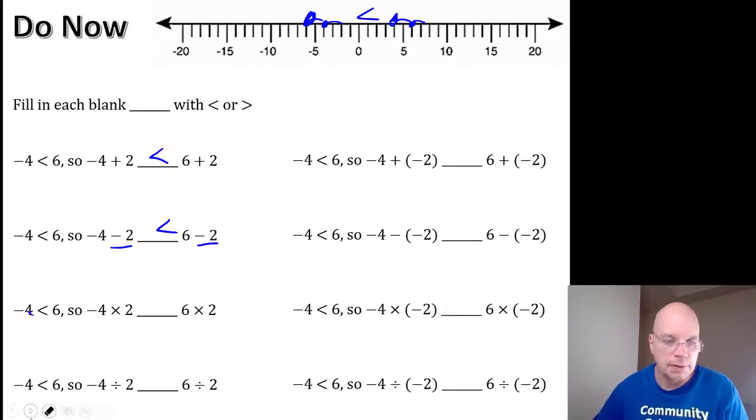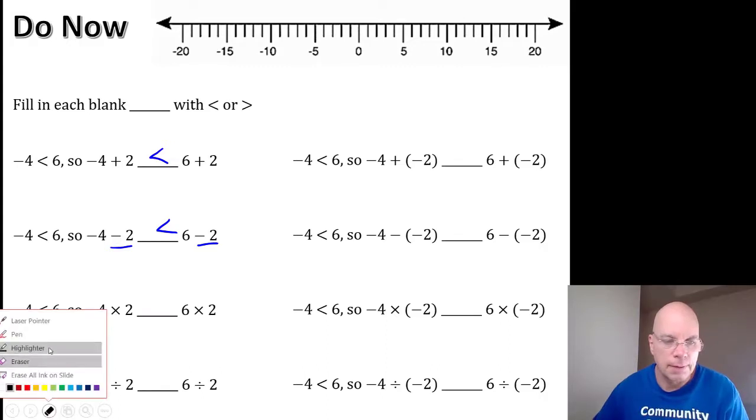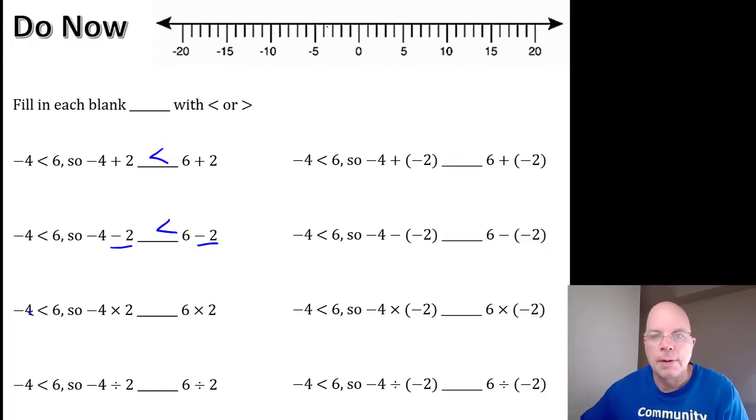Let's start fresh here. If you have -4 and you multiply by 2, -4 multiplied by 2 is -8. And up here, 6 multiplied by 2 is 12.